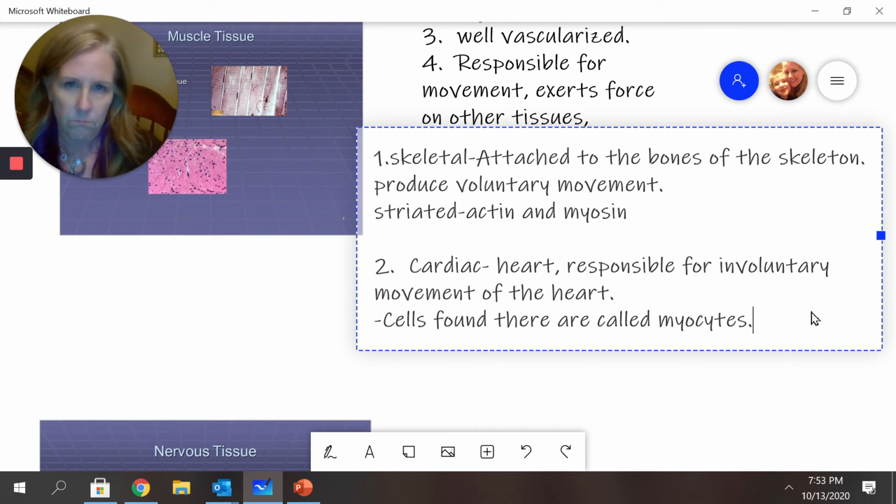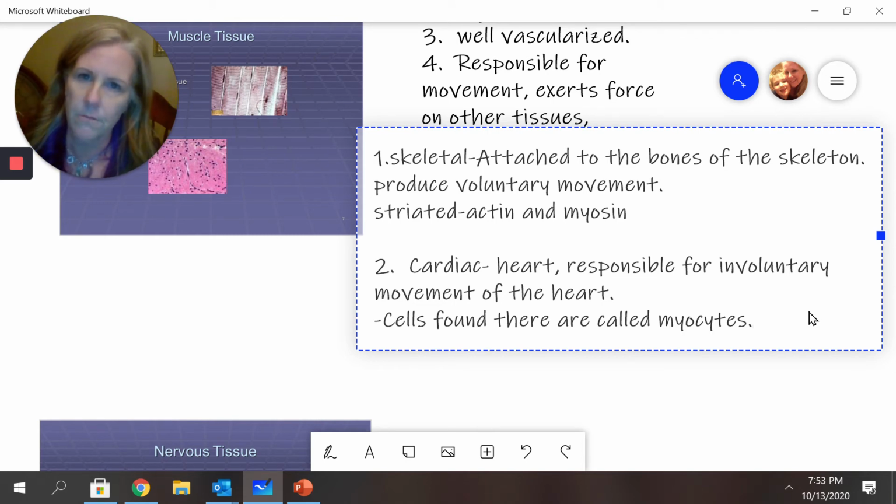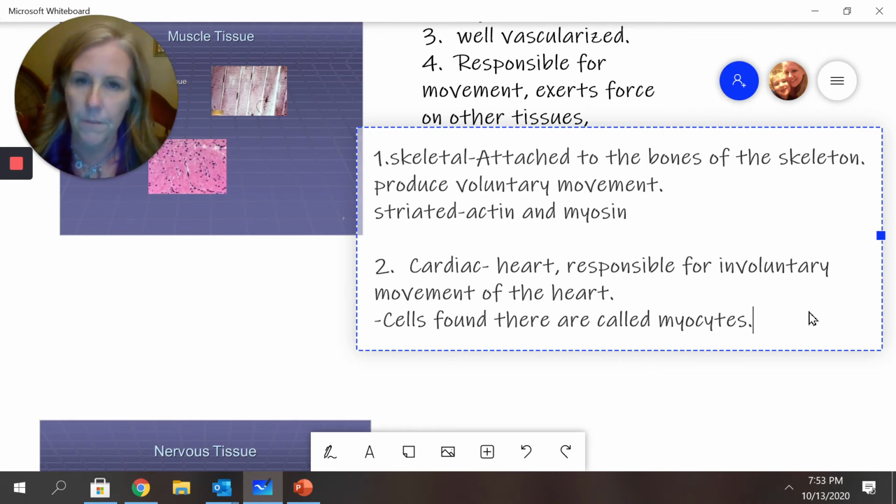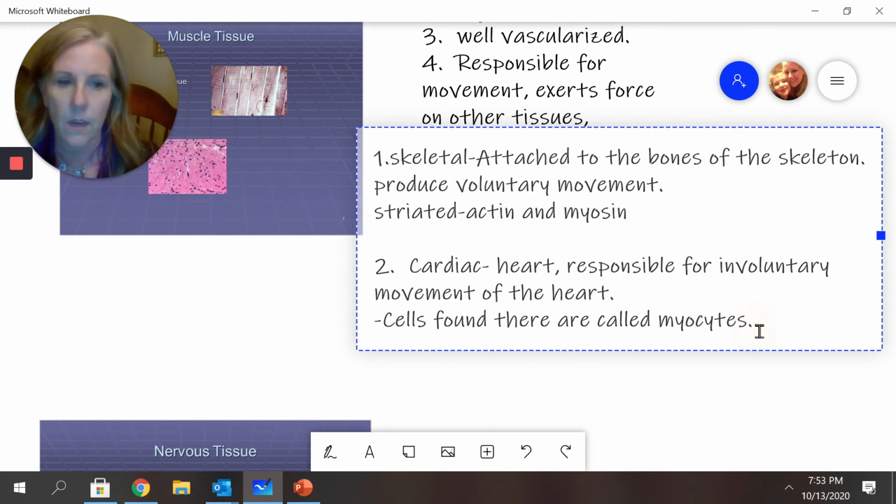So you might think, well, why is that special? Aren't they all called myocytes? Technically, they kind of are, but in primary literature and when professionals talk about the cells that are found only in cardiac muscle, they only refer to those as myocytes. The others are called muscle fibers.